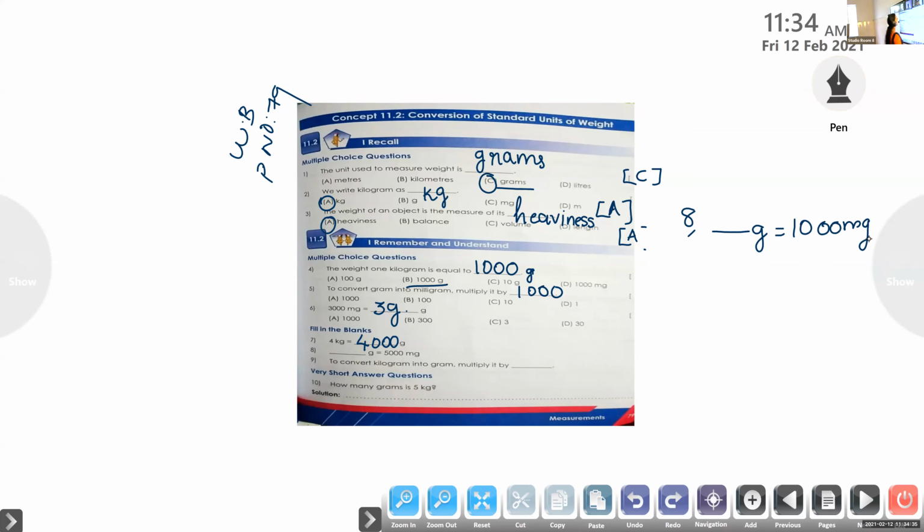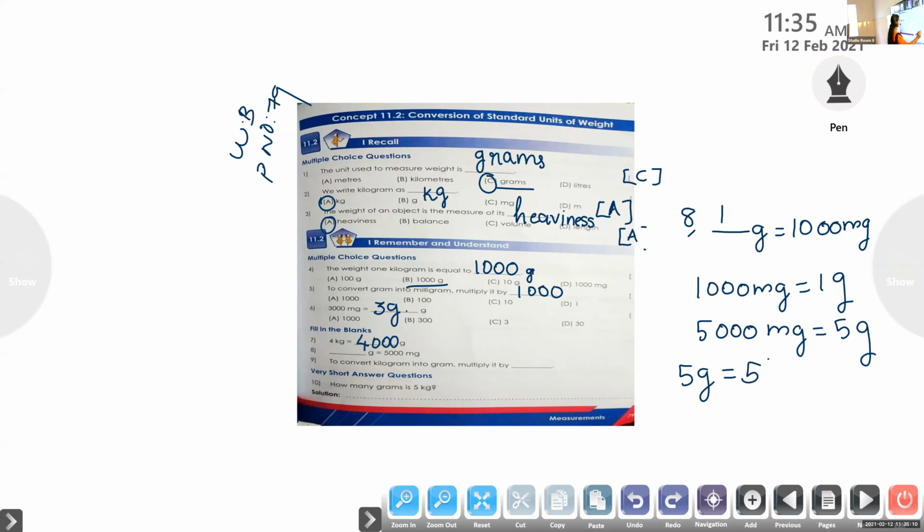So, 1000 milligram is equal to 1 gram. Then, 5000 milligram is equal to how many grams? 5 grams. Very good. So, here it is written like this, 5 gram equal to 5000 milligram. So, you have to fill here. 5 gram is equal to 5000 milligram. Very good, Dia.